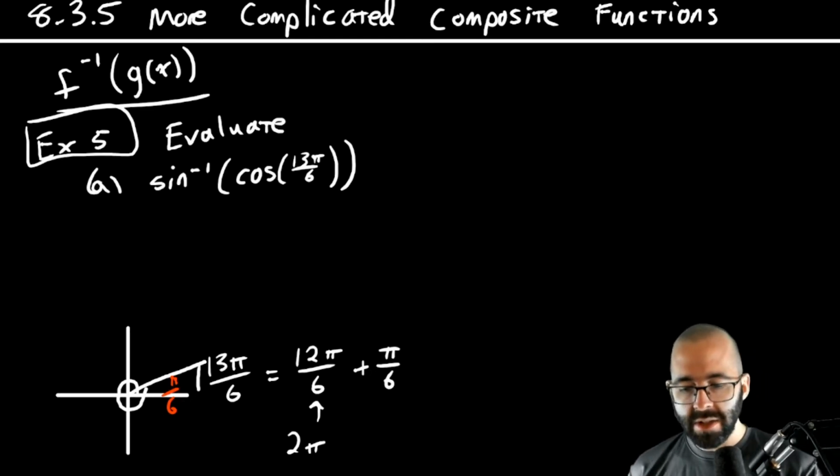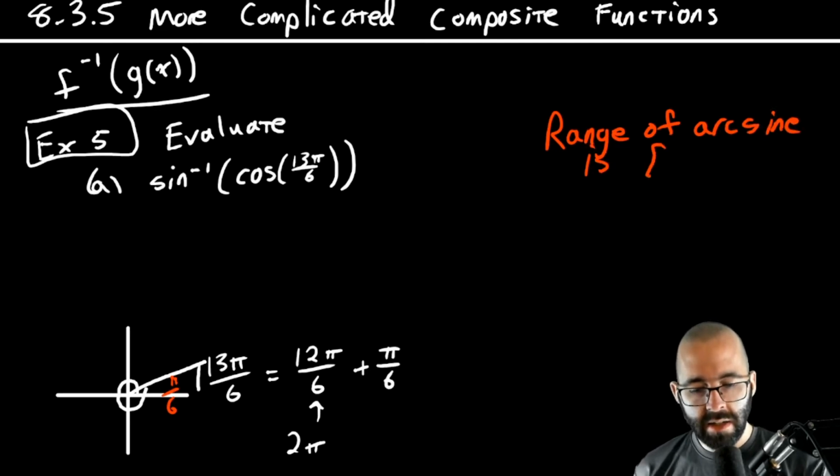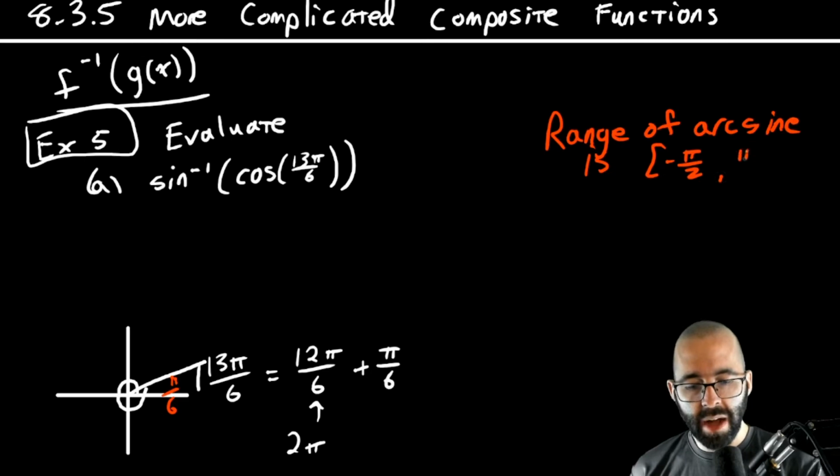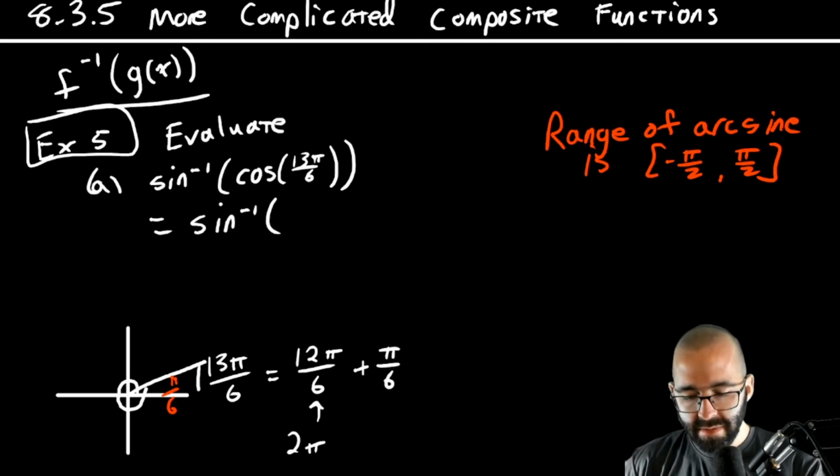Remember the restricted domain of sine, so the range of arc sine, is negative pi over 2 to pi over 2.